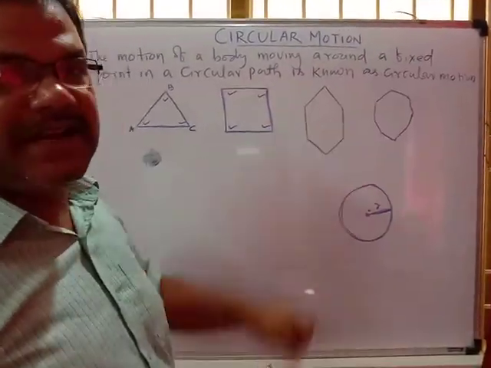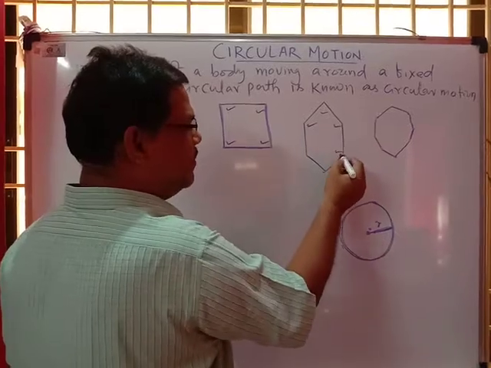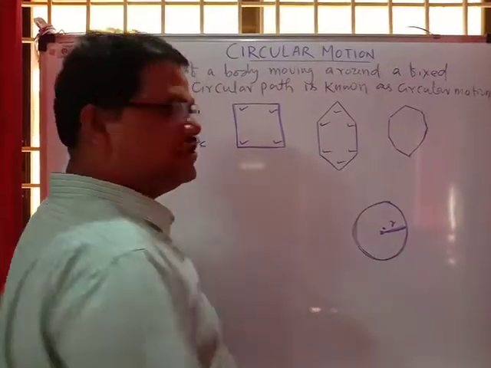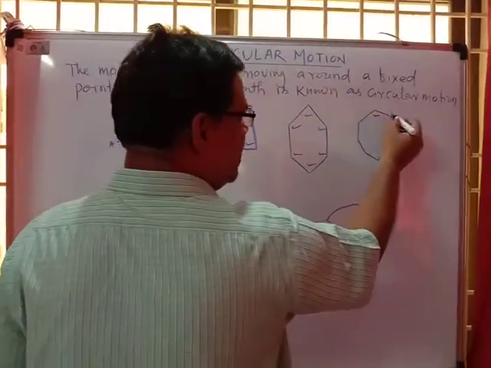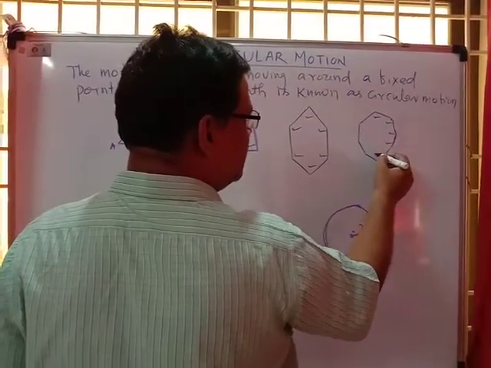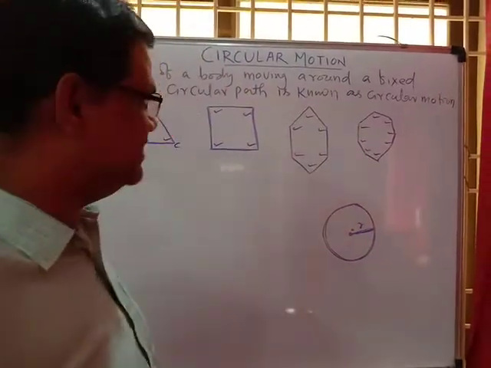How many times is it changing direction? First, second, third, fourth. Four times, where it was three times before. In this shape, 1, 2, 3, 4, 5, 6: six times it is changing direction. In this one, 1, 2, 3, 4, 5, 6, 7, 8: eight times it is changing direction.